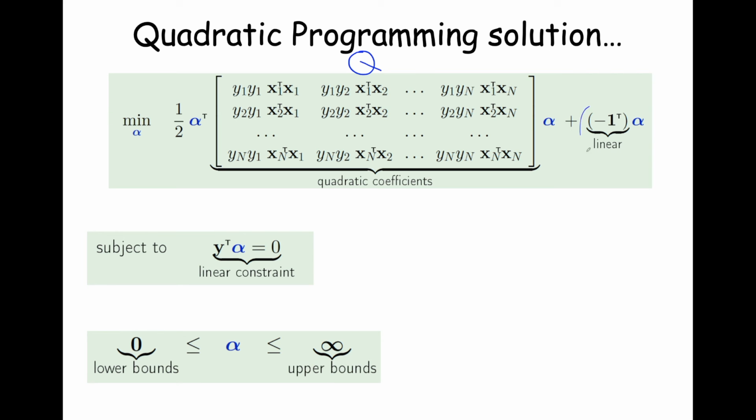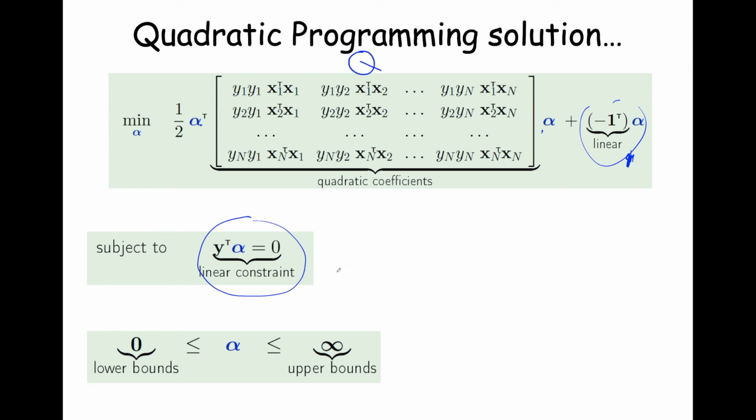So here we have our linear portion. Here we have a quadratic portion. It's alpha transpose, coefficient matrix, times alpha. That's our quadratic component, set of coefficients, quadratic in alpha, with our linear component. And then here is our constraint, the alpha n yn summed are equal to 0.